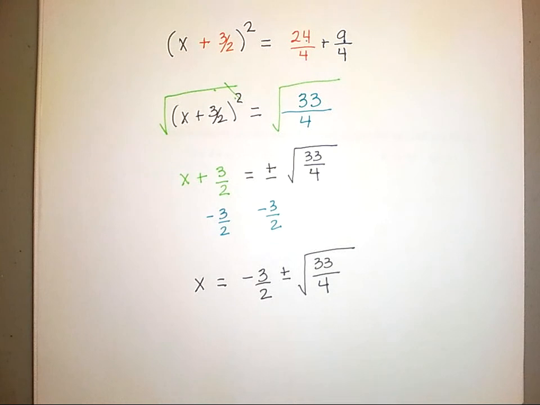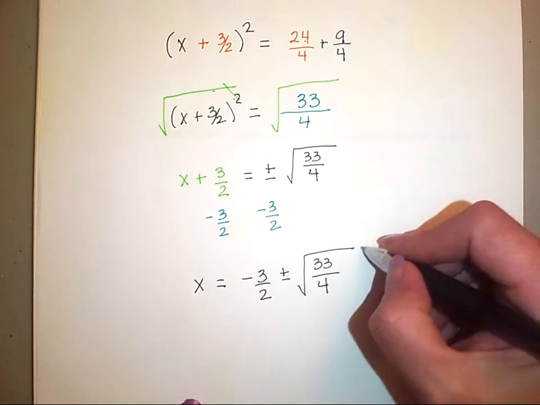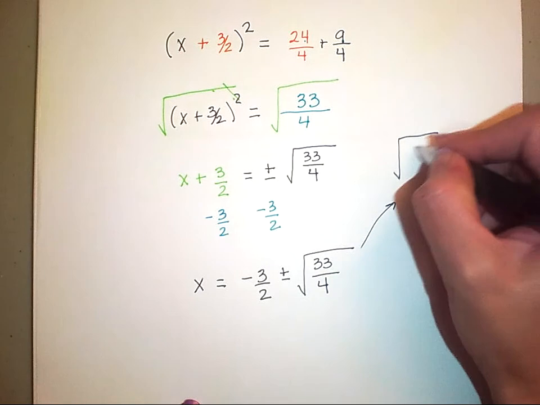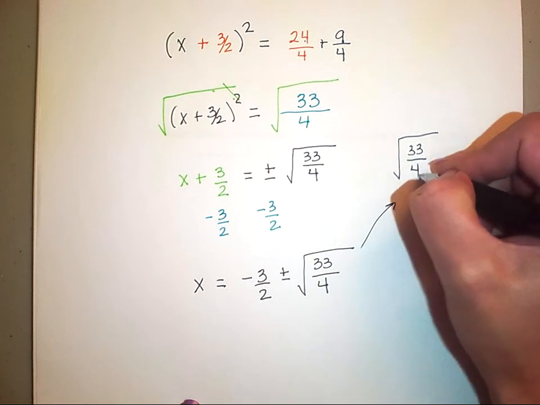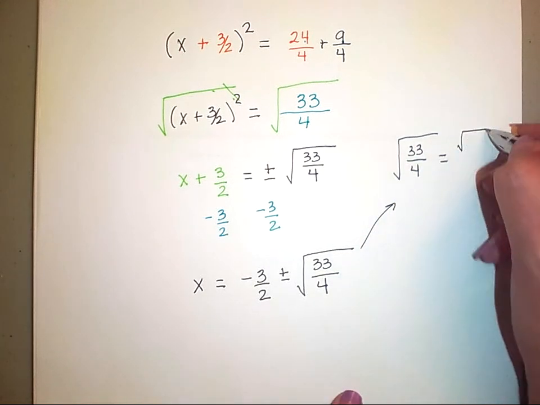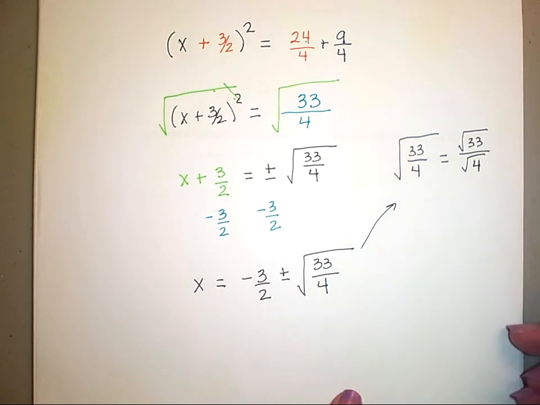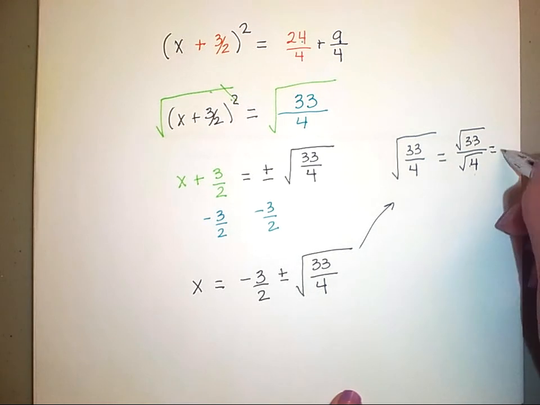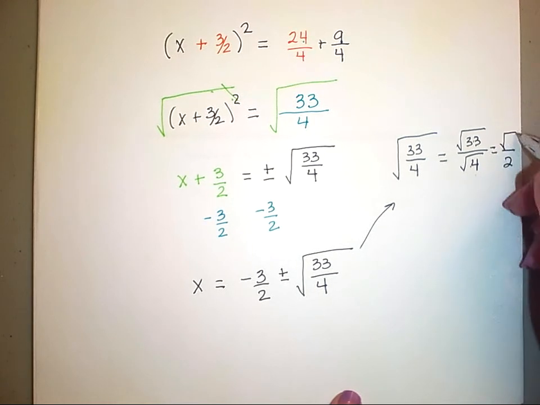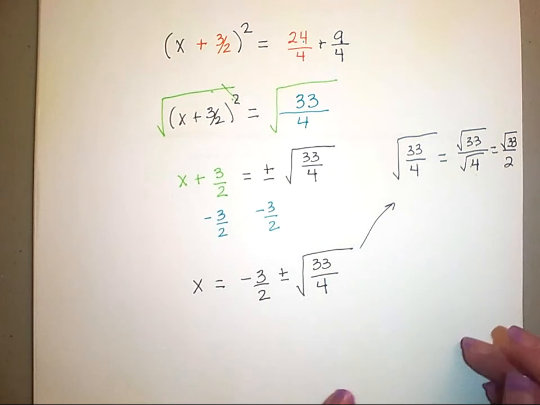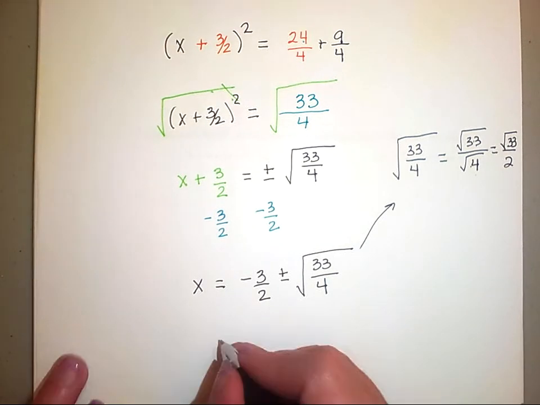But we need to simplify this radical. Remember this, the square root of 33 over 4, we could write that as the square root of 33 over the square root of 4. And why that's nice is then that the square root of 4 is just 2, and up top the square root of 33 doesn't simplify.